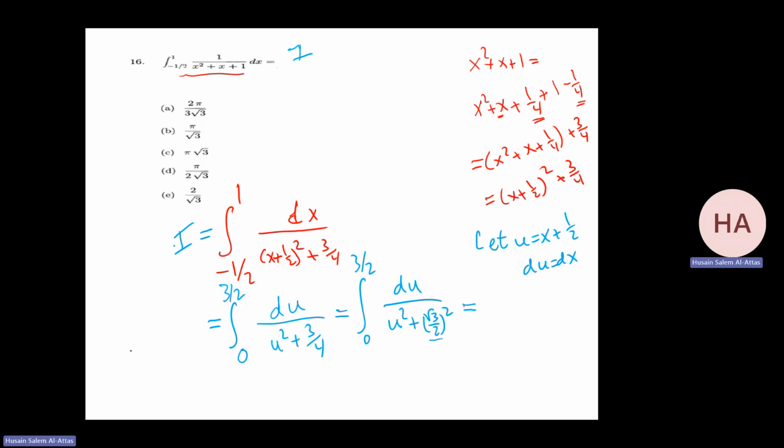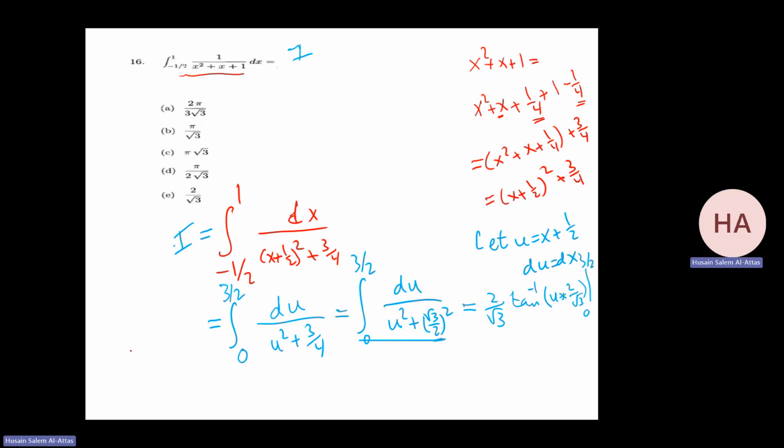We say this is a. So it will be 1 over a, 2 over square root of 3, tan inverse of u over square root of 3 over 2, which means u over square root of 3, from 0 to 3 over 2.